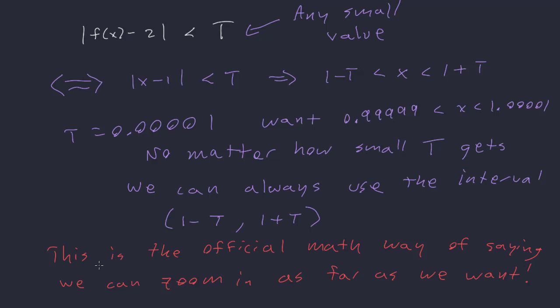Everything has to, if not be proven, at least have some sort of rigorous foundation. And so this is the rigorous foundation of what we mean by get arbitrarily close to or zoom in as far as we want. What we're essentially saying is that no matter how close we want f to get to 2, we can always find x's that will satisfy that.